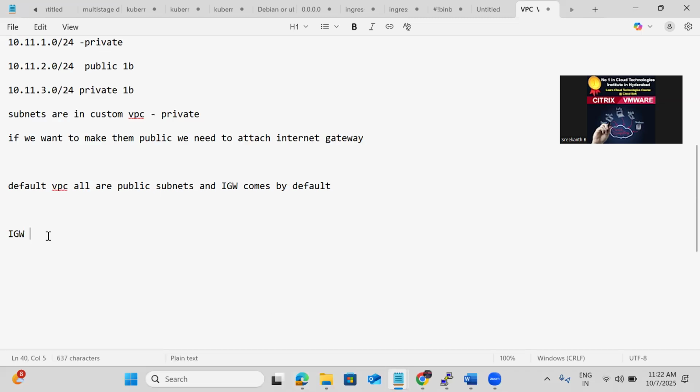It is making the subnet public, and providing internet also for those resources. It is making those resources public also.